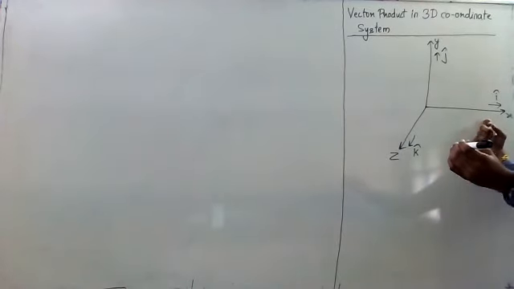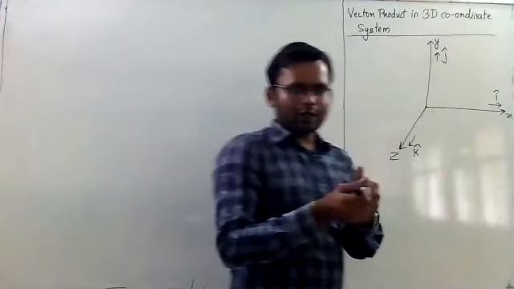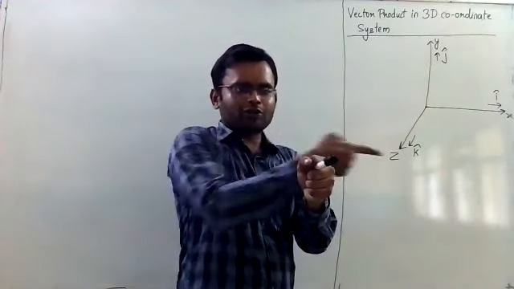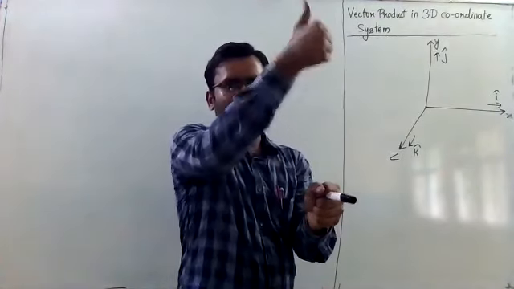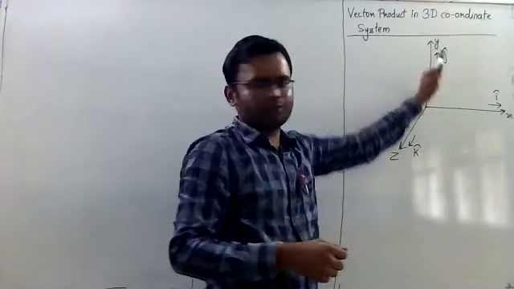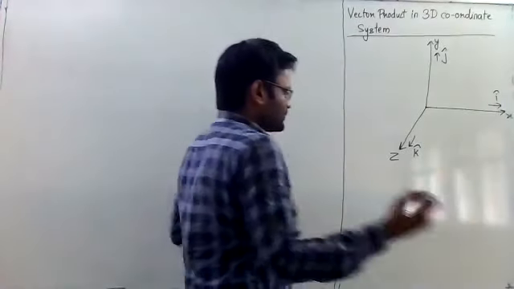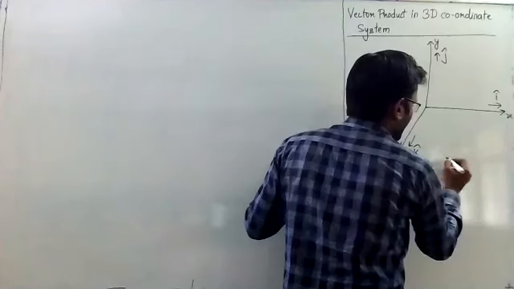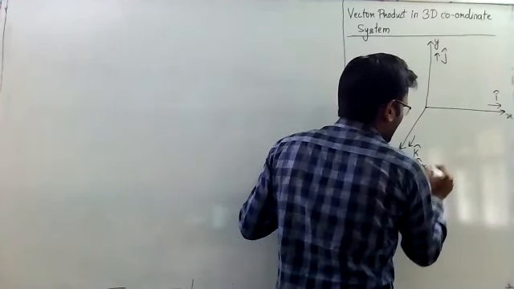If I take z cross i, this is z and this is i. So z cross i, or k cross i, is indicating along the j axis. So by the 3D coordinate system, what can I write? I cross j.